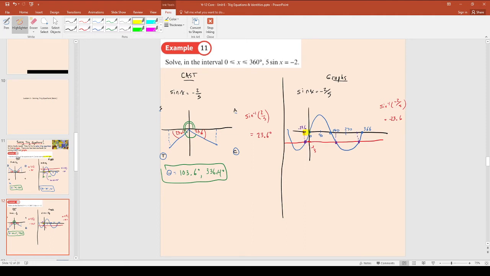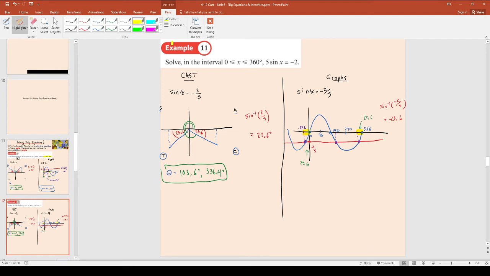And here's how the symmetry works this time. Can you see that this is on a bottom bump, and the bottom bump finishes at 0? This is the bottom bump it corresponds to. So if this is the same length as that, okay? If this distance is 23.6, that means that this distance is also 23.6.